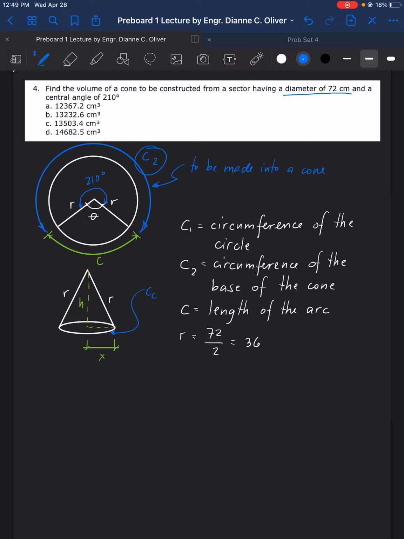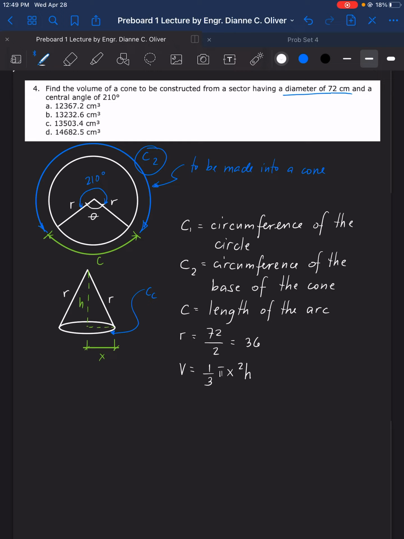So, how do we solve this if we are looking for the volume of the cone? The formula for the volume of the cone is equal to 1/3 pi r squared h, but since we put x here, let's use x: 1/3 pi x squared, and then the altitude of the cone, h.